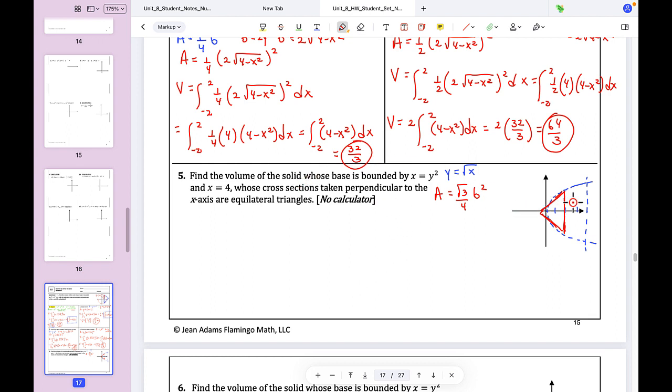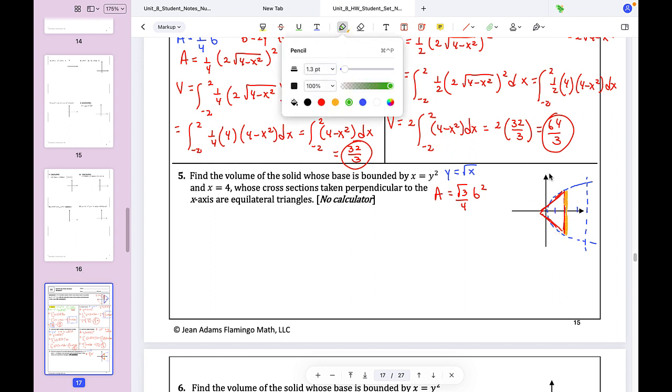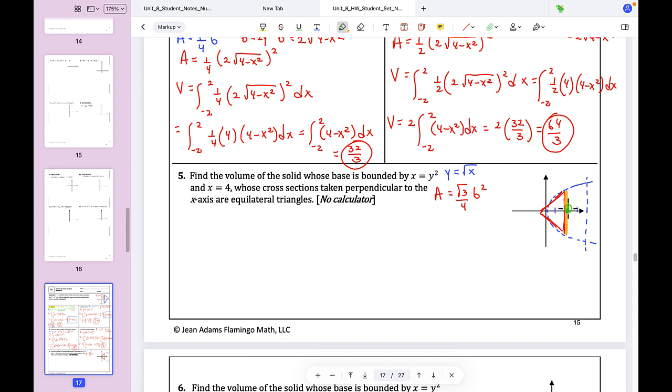Okay, what's b? So here's my base right here. Once again, from the x-axis up to the curve, that's y, but I have to do that twice. So my base is 2y. All right, so the area is square root of 3 over 4, right?